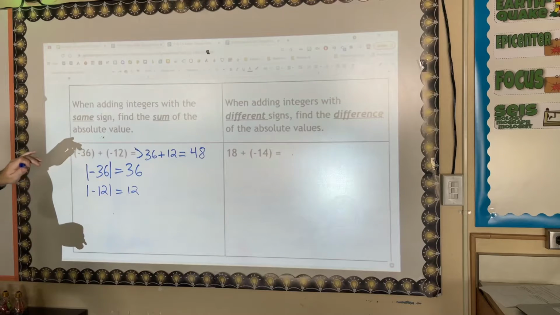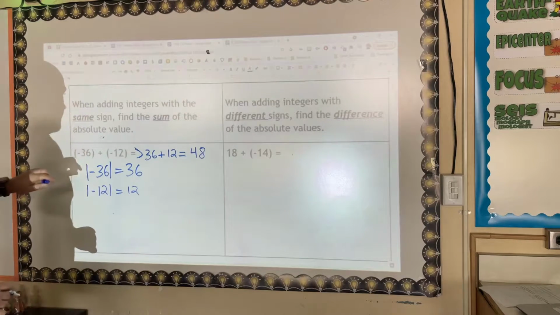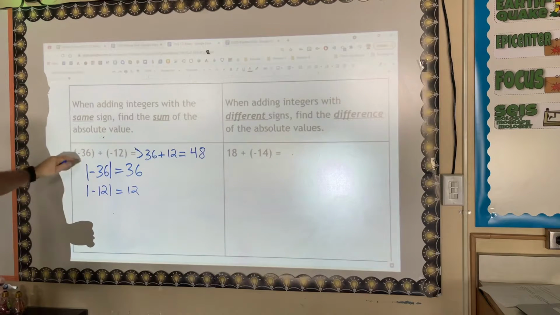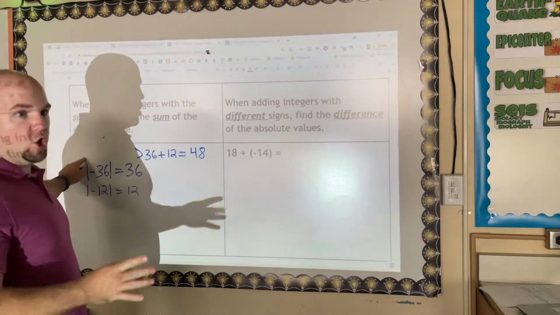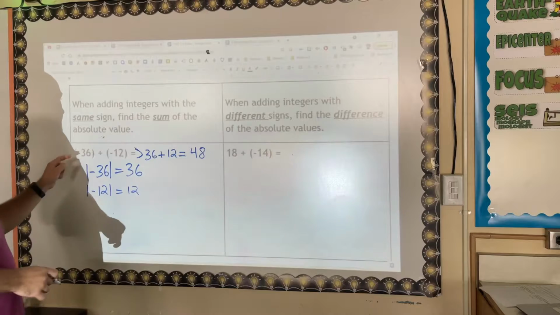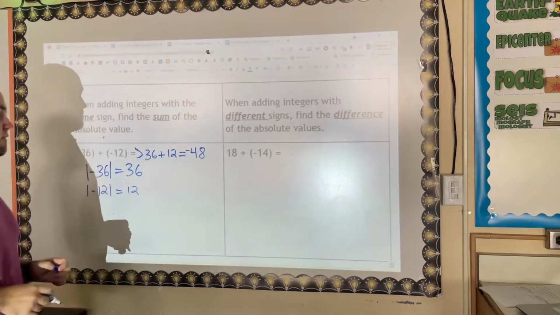And then we take the sign of the larger number. Right here, 36 is the larger number, so we take the sign of that. So it's negative 48.